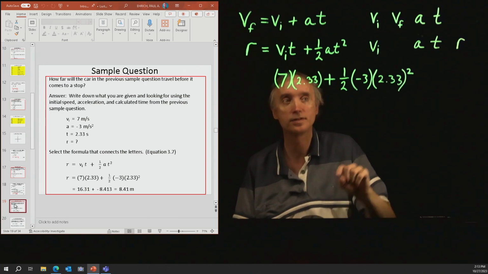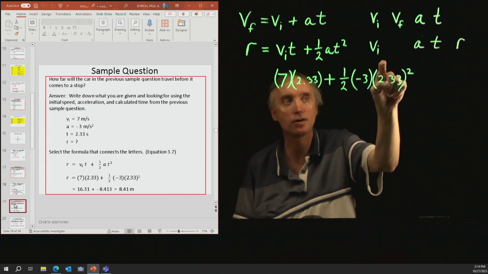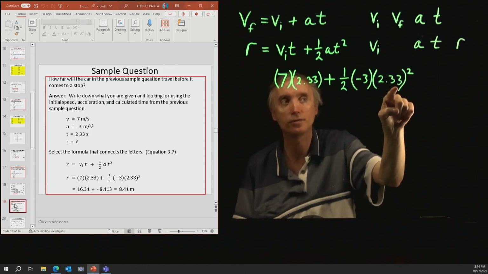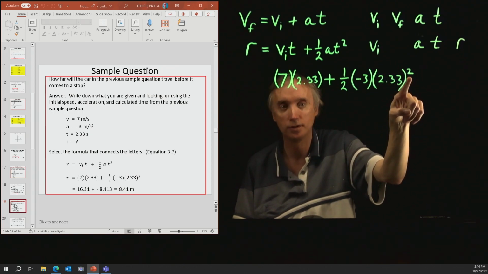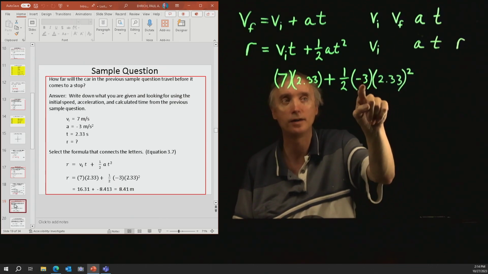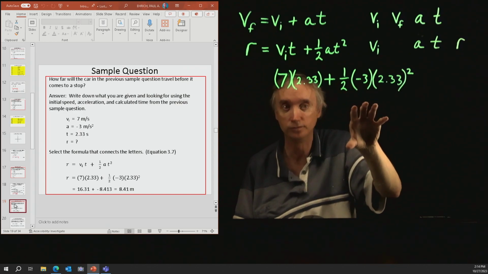And then, how are you going to do this part? You've got to start with the squared term first. So 2.33 squared, get a number, and then multiply the number by 3, and then multiply that number by 0.5, or divide by 2.